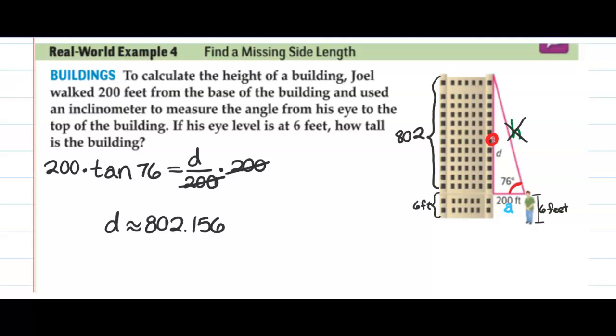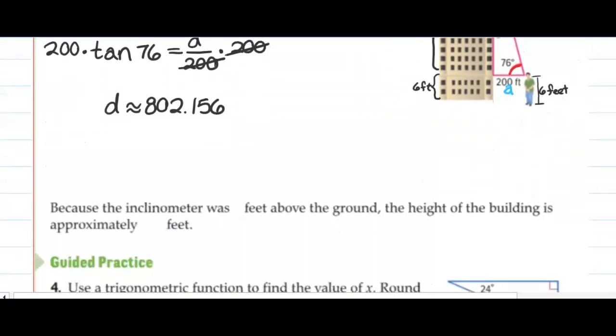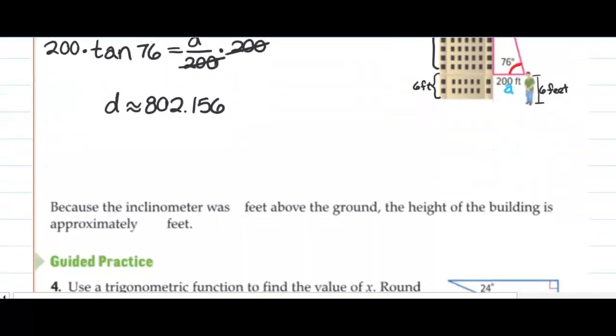We'll just call it 802 to keep it simple. We need to know how tall the building is. Since the tool that he used to measure this angle was 6 feet above the ground, because that's how high his eyes are from the ground, we need to add 6 feet to this to get approximately 808 feet.